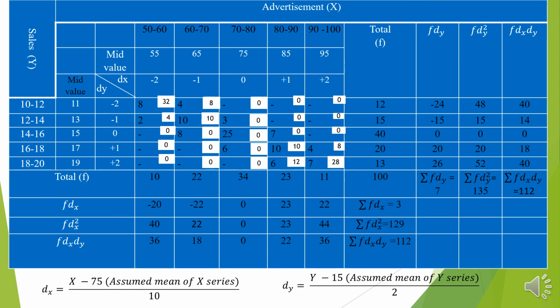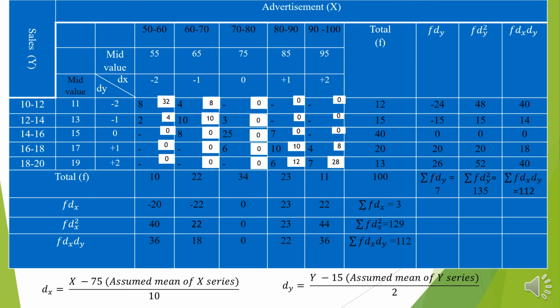Hope you got it. Now you find the sum of f dx dy. This is 112, and here also the total should be 112, because they are the same. Here also it is summation of f dx dy. Suppose if one total is wrong, then it's very clear that you have made a mistake in the calculation.